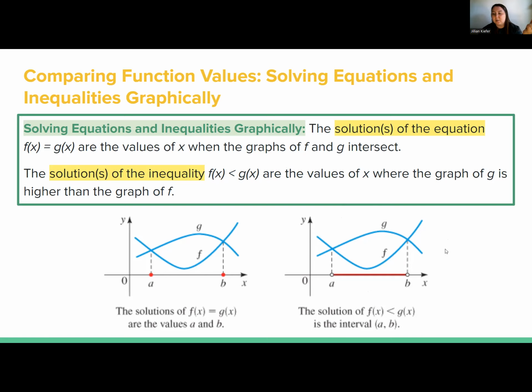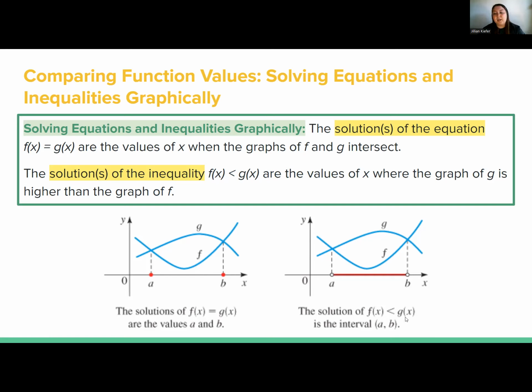So in this case, our graph of f is physically, spatially, visually below g. So f is less than g because it's under it. That is how we're going to solve inequalities. We are looking for which one is above and which one is below. The one that is below is less than, the one that is above is greater than.